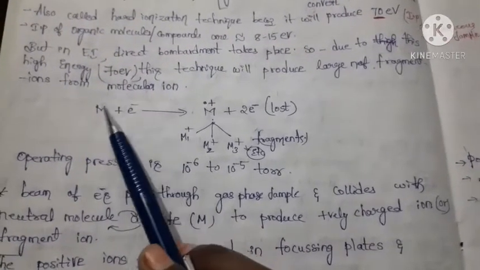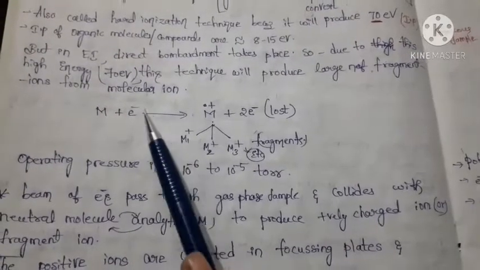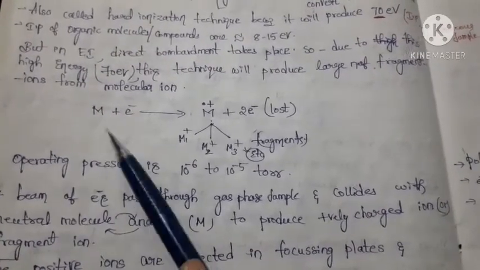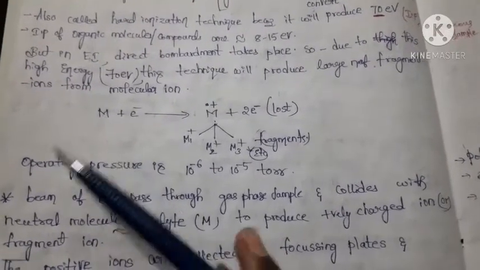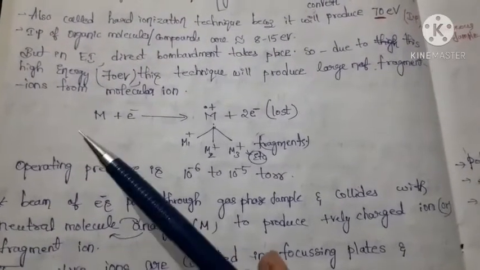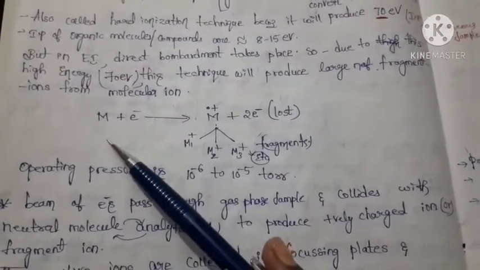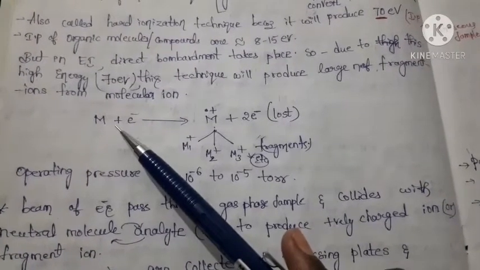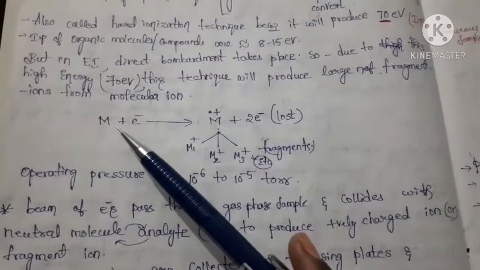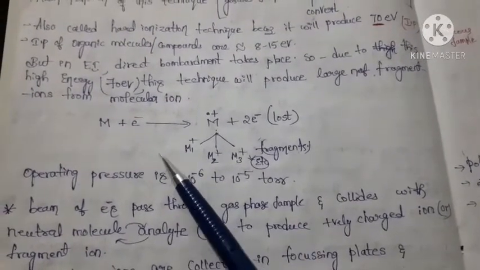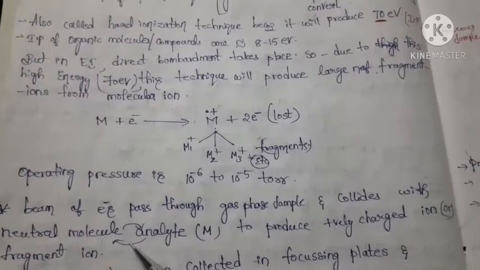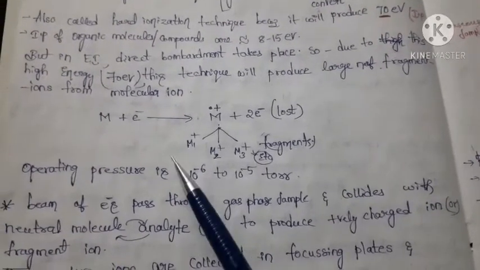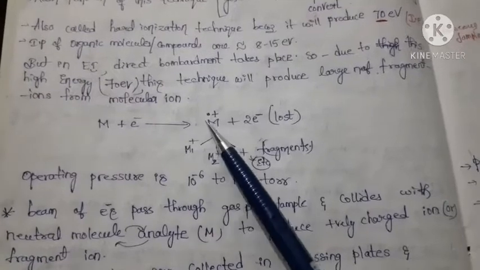The beam of electrons passes through it and collides with the neutral analyte molecule. Analyte means what we require, or what is present in the sample.